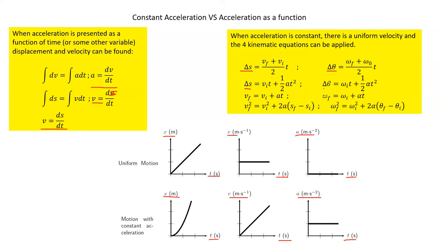Over here, you've got the change in your radial displacement this time, and you've got initial angular velocity times time plus 1/2 the angular acceleration times time squared. And you can see this goes all the way through. The same four equations play out both translationally as they do rotationally.